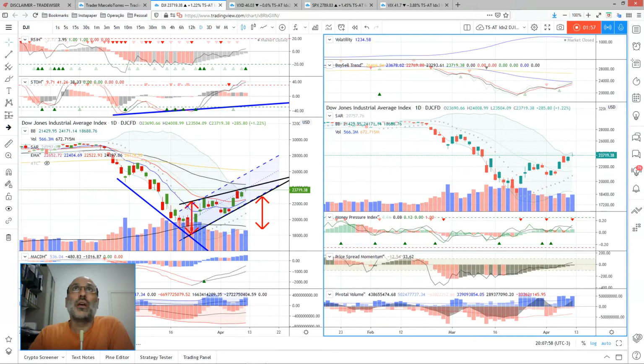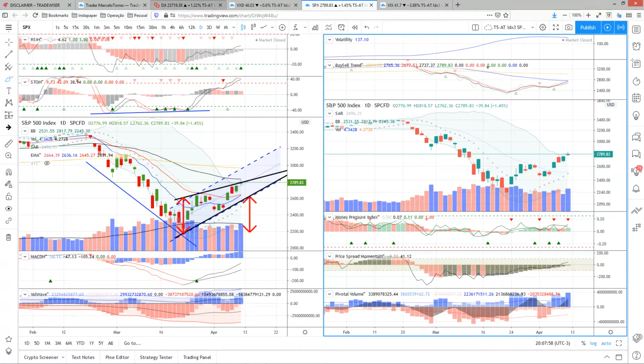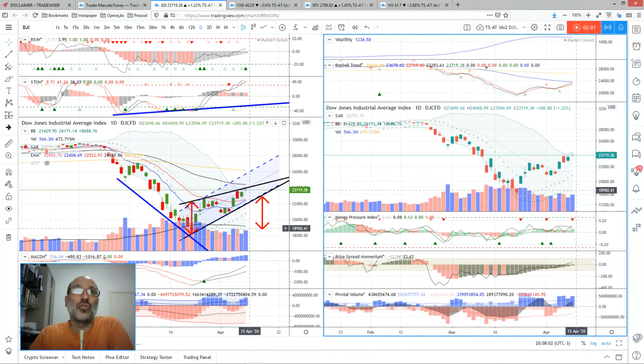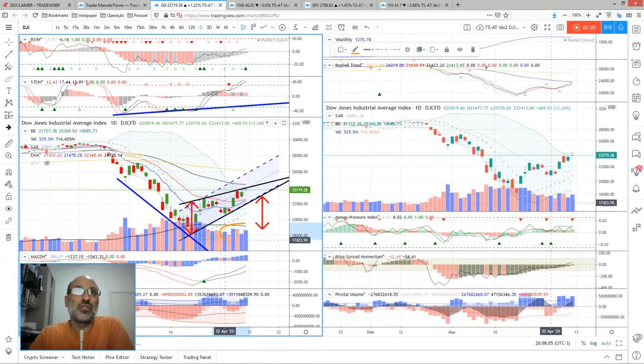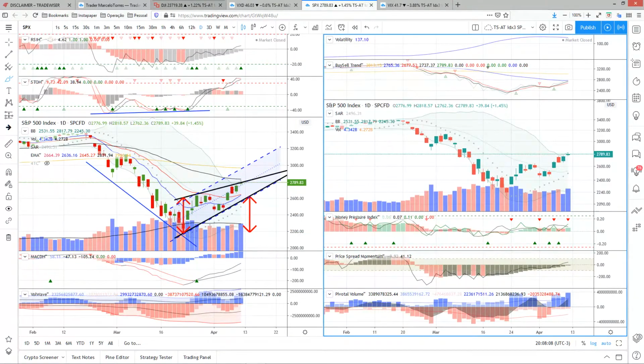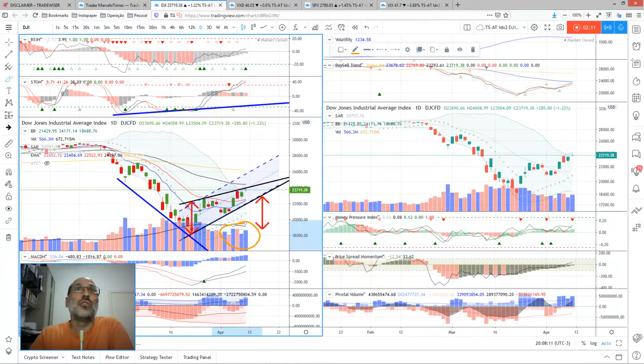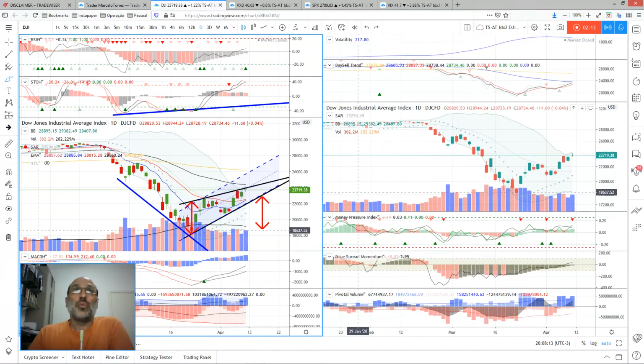So, as I show you guys, we have a slight difference. You can also see the volume right here on the Dow Jones. It's slightly different from the one we have on the S&P 500. See? Okay. So once we have different charts, we are able to have different volatility measures.